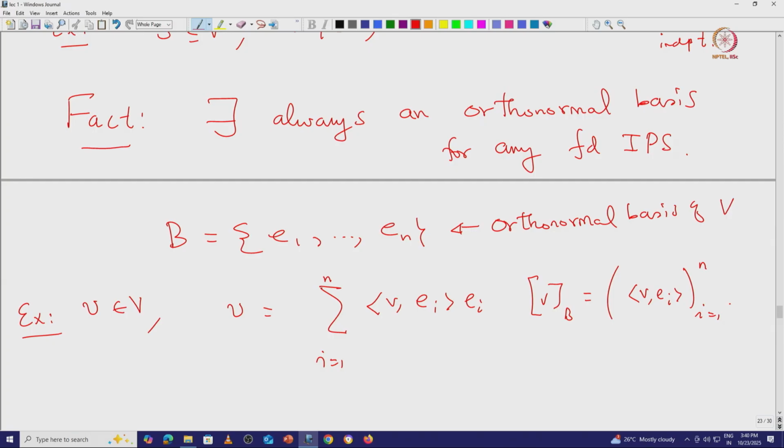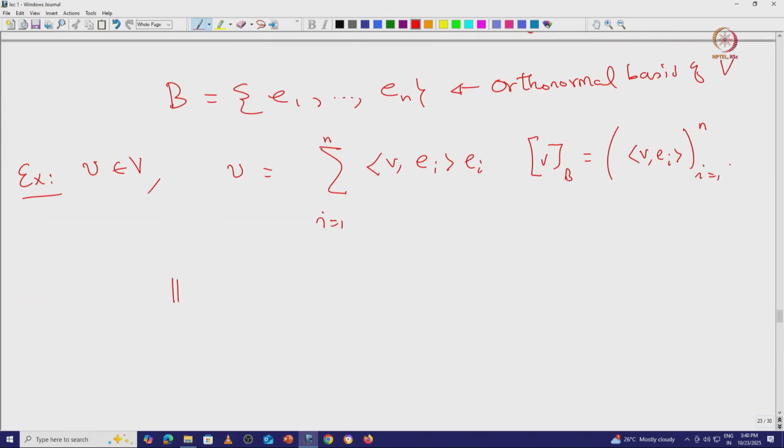One can actually define the norm. The norm of v is defined to be the square root of the inner product between v and v.